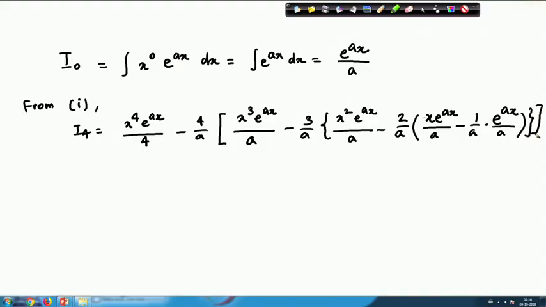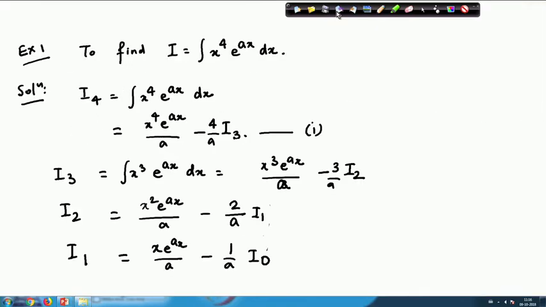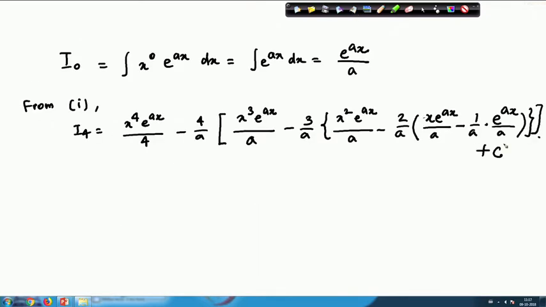So basically, we add a constant c, of course. At every step we will get a constant, and we can finally write one big constant at the end.